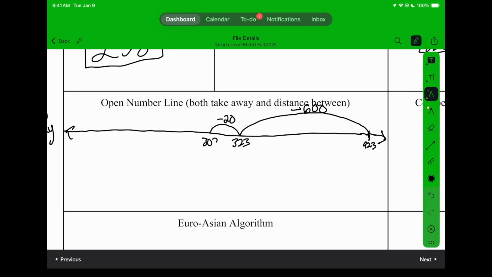So then we have 303. That's 300. Then we can take away 40.